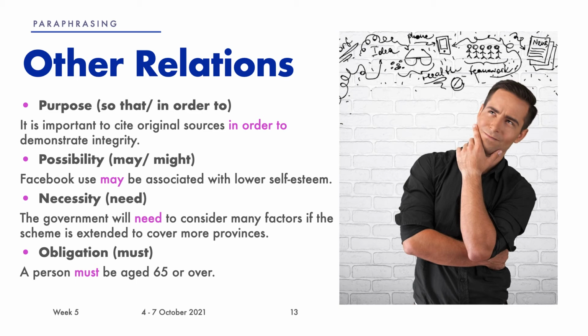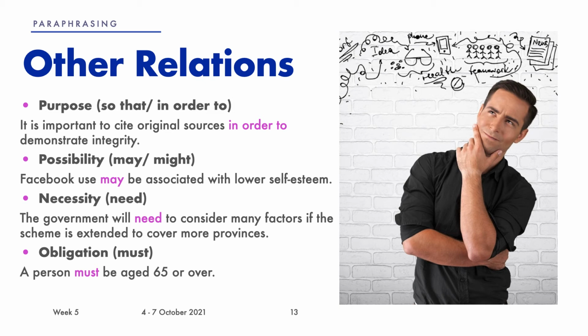Or just like modal verbs "may" or "might," we may also use semi-modals to show necessity, "needs." Okay, so we use either the modal verb "need" or the semi-modal "need to." For example, the government will need to consider many factors if the scheme is extended to cover more provinces.